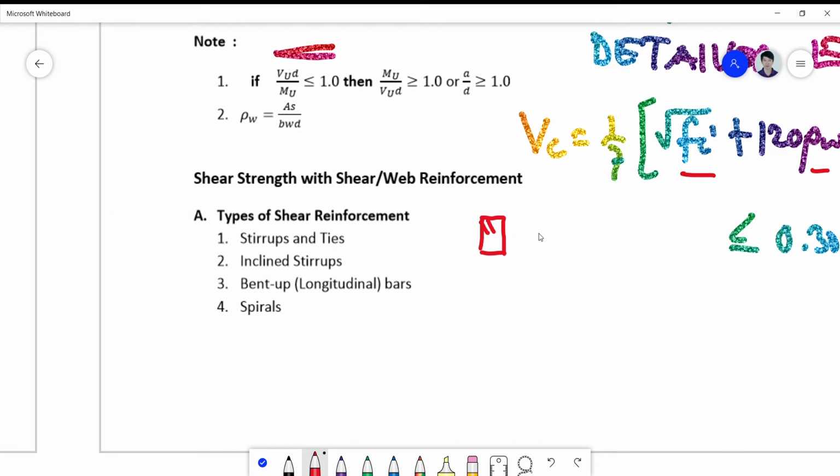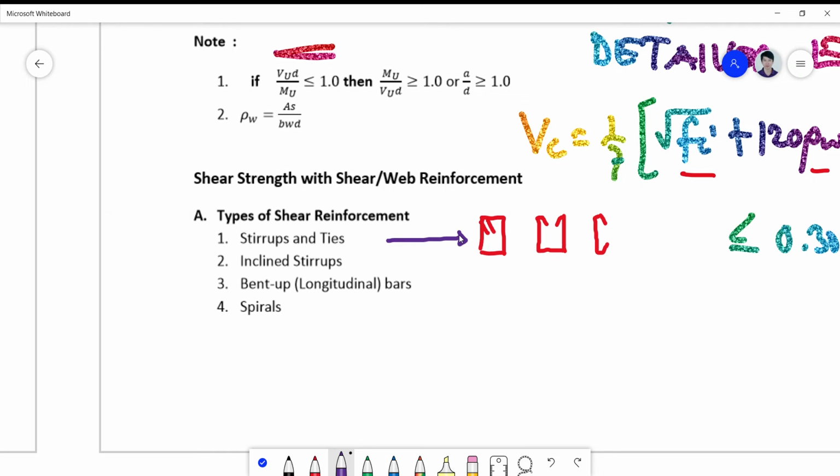Sometimes we have an open stirrup like this, or simply a straight tie. These are basically the common stirrups and ties.